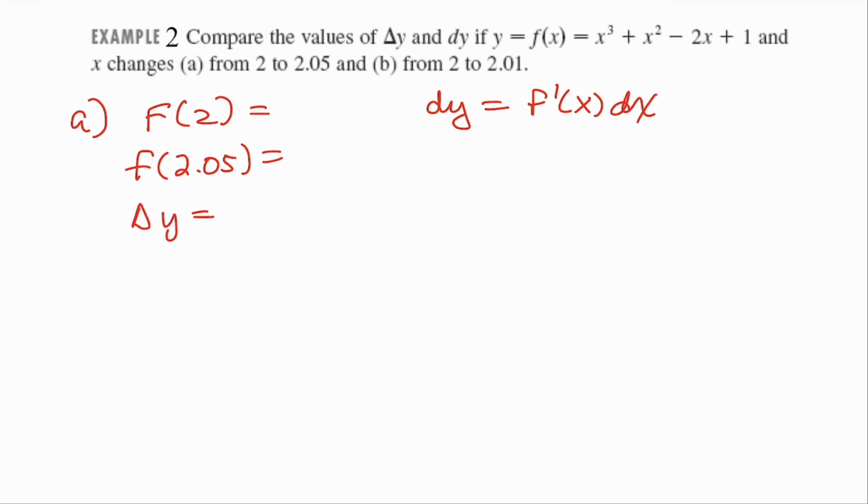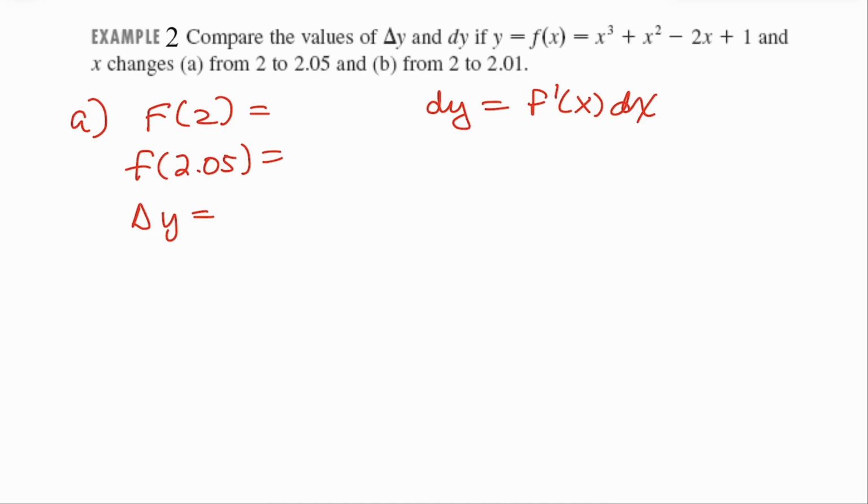In part A, it says compare the values of delta y and dy if y is x cubed plus x squared minus 2x plus 1. Now we're going to look from 2 to 2.05, and then we'll look from 2 to 2.01.